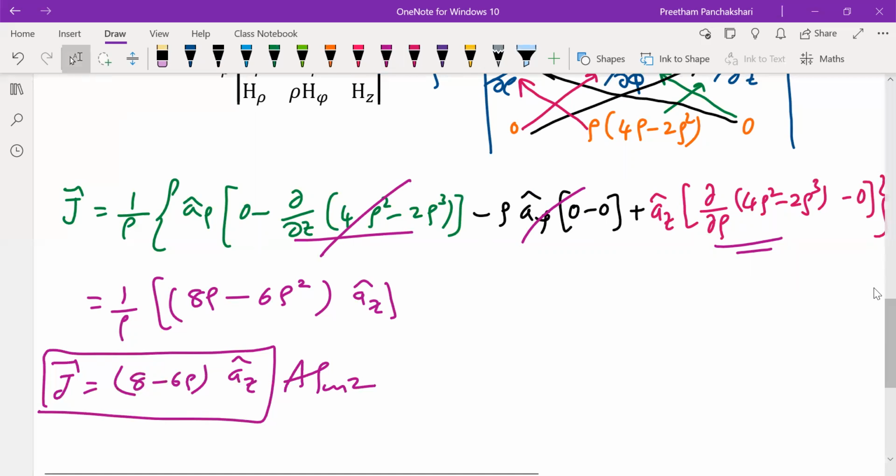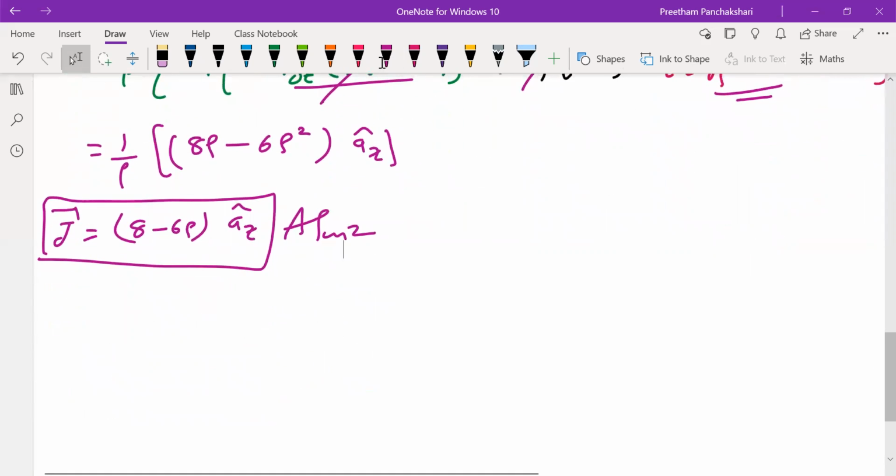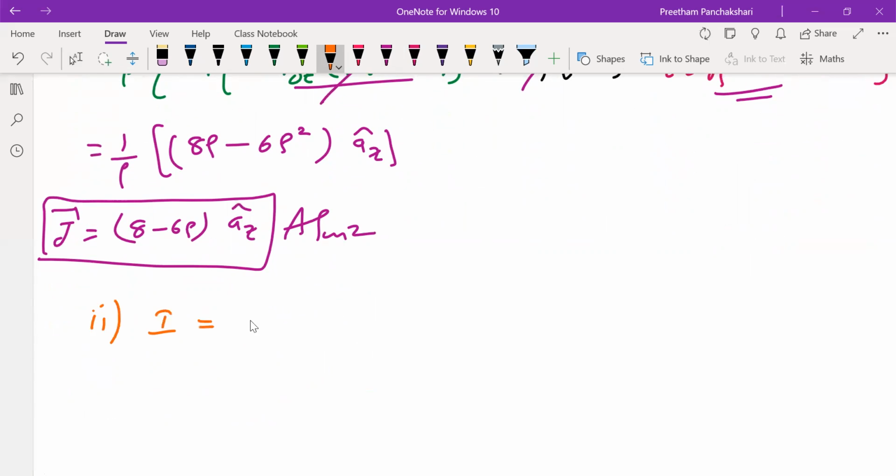Now we shall proceed to find the solution for part 2. So part 2 is to find the total current that is passing through a given surface.